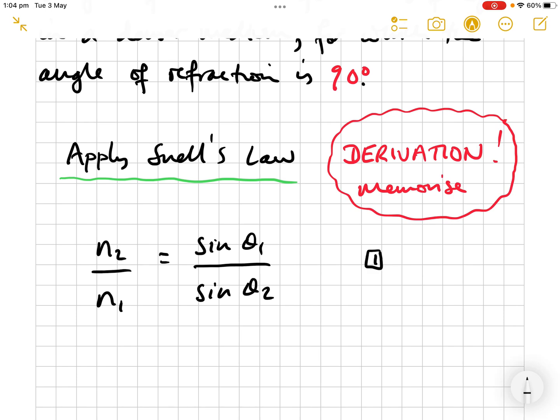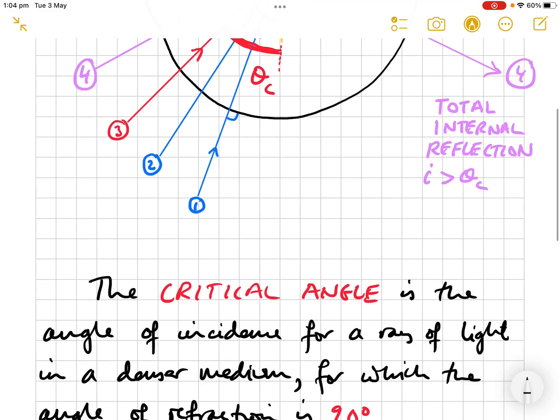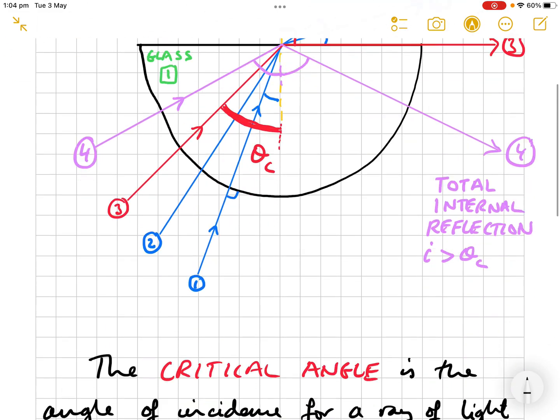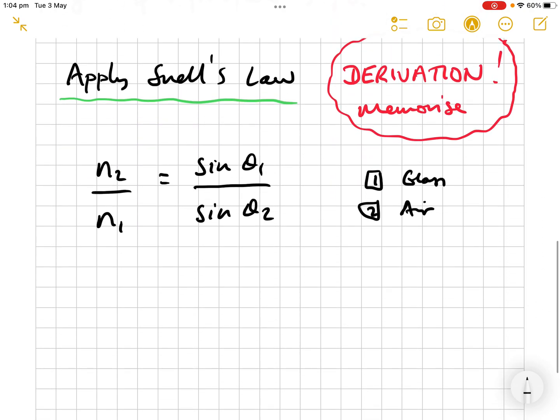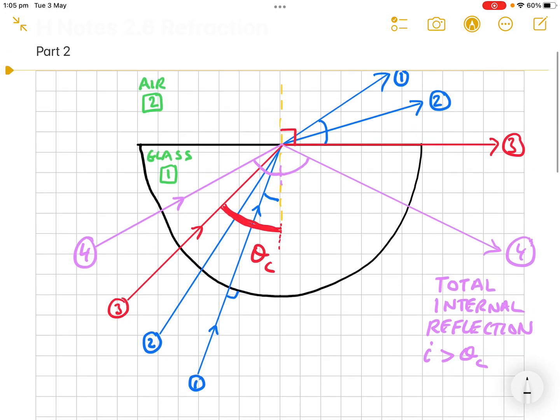Remember, medium 1 is here the glass, and medium 2 is here the air. Well, medium 2 is the air, so the refractive index of air can be taken as 1. n1 is therefore the refractive index of the glass. Theta 1 is the angle of incidence.